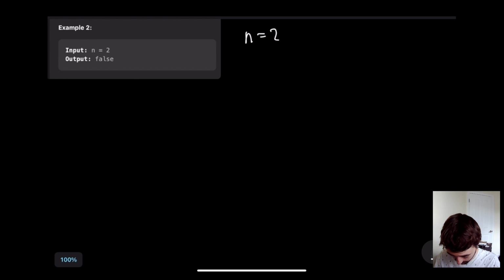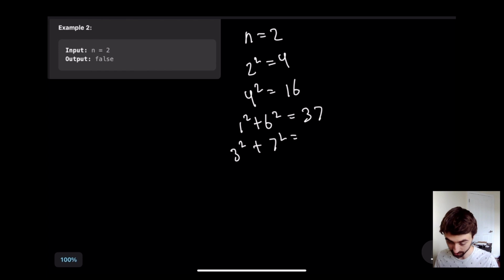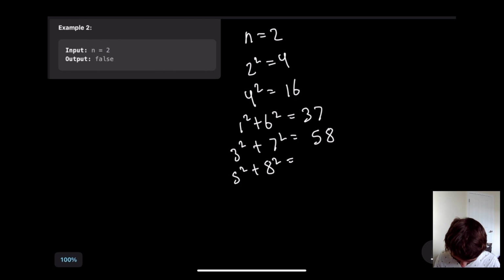So for n equals 2, that would be 2 squared, which is 4, 4 squared, which is 16. So then that's 1 squared plus 6 squared, which is 37. 3 squared plus 7 squared is 9 plus 49, so 58. Then we do 5 squared plus 8 squared, which is 64 plus 25, which is 89, I believe. 8 squared plus 9 squared.